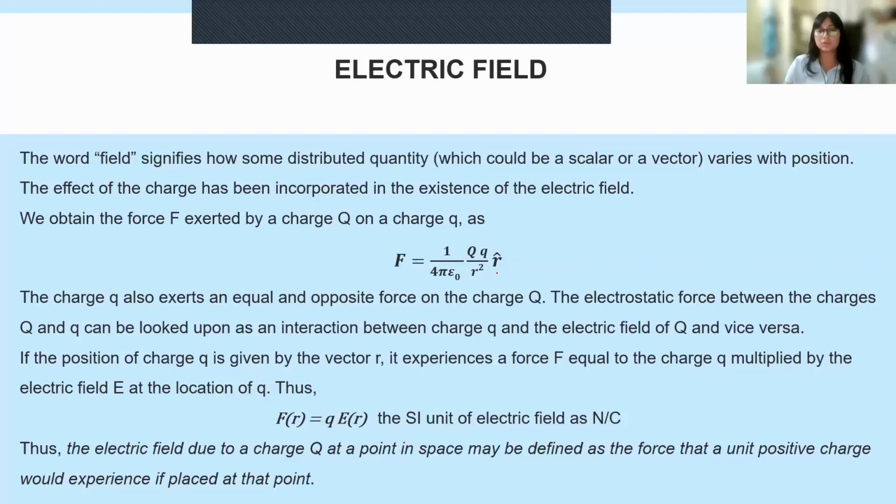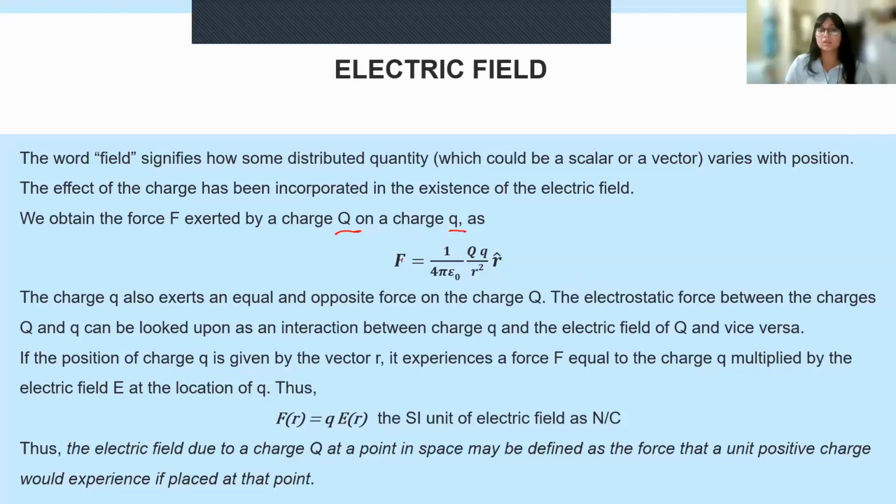Okay, so we know that by Coulomb's law, the force between a charge Q (capital Q) and a charge q will be given as 1 by 4 pi epsilon 0 times Qq upon r square. r is the distance between the charges Q and q.